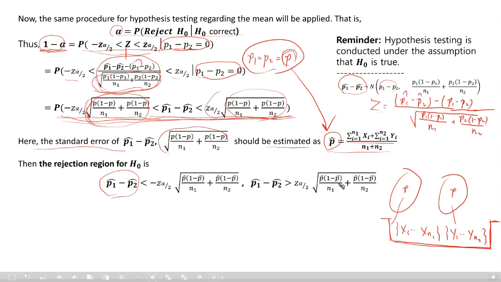So now P hat is going to be here, okay? So you can get the rejection region for H0 like this. So the other thing is, if you have some example, then you can apply this result to get the rejection region for H0. I think you will better understand how it goes, the steps and procedures, okay?